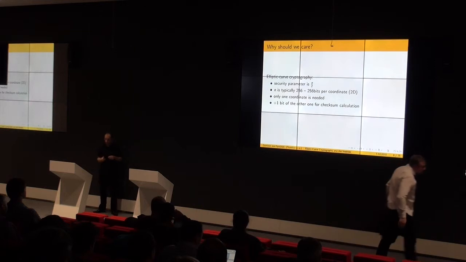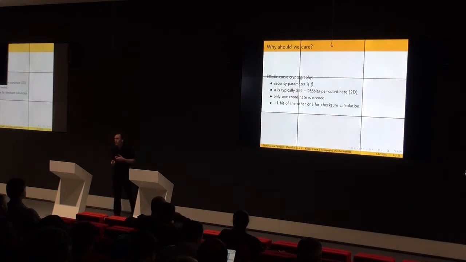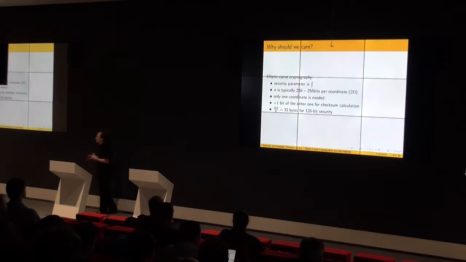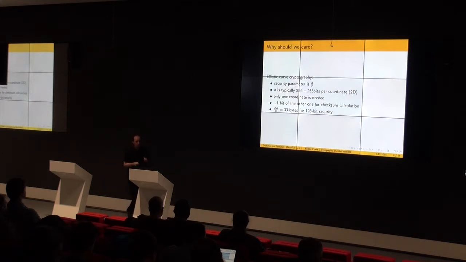But in order to be sure that you calculate the other one correctly, sometimes one bit of the other coordinate is transferred as well. That gives us, you can see it for yourself, 33 bytes per value, key or something else, for 128-bit security. Compare that to the 80-bit security with RSA. It's really much better value for a given price.